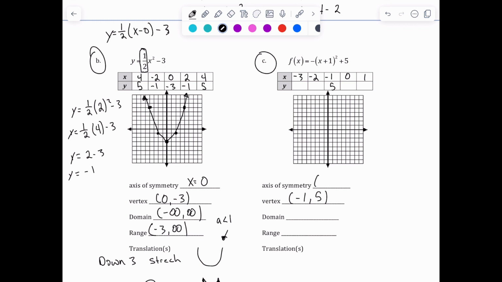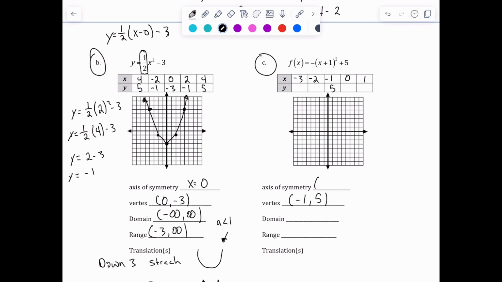Okay, so now I'm just going to fill in my stuff here. I'm going to try to do this rather quickly. I'm just going to do my inputs. So I'm going to have negative (0 plus 1) squared plus 5. And that is a 4. Oh, did I forget the negative? Nope, that's right. Okay, great.